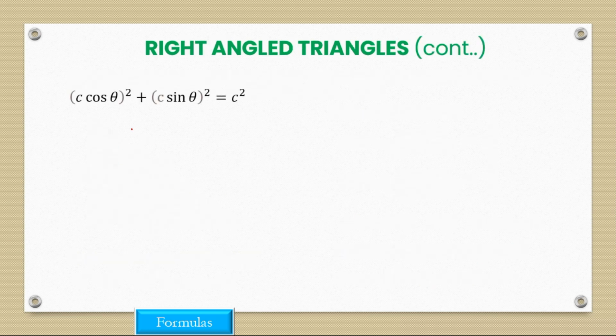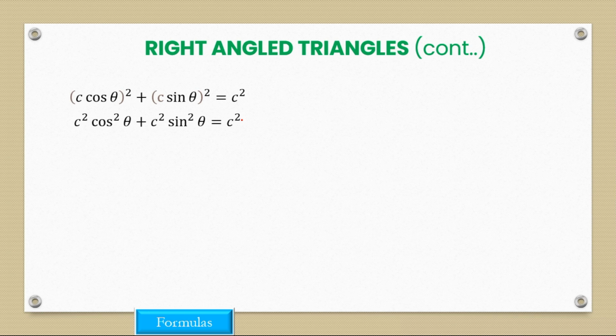The square will enter and I'll square both of the items inside the brackets. That's how I have C squared cos squared theta plus C squared sine squared theta. That means that the square is squaring every individual item in the bracket, as you remember from algebra, is equal to C squared.